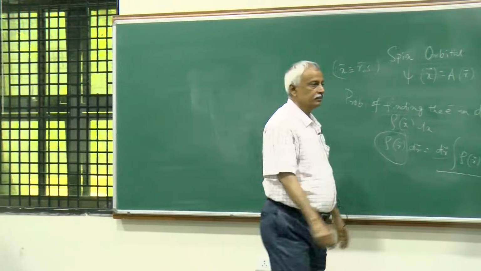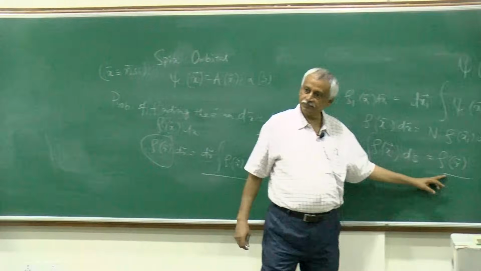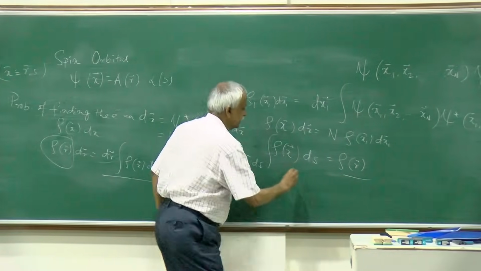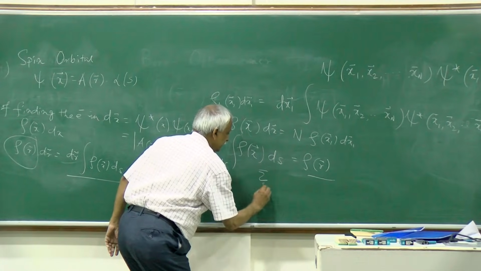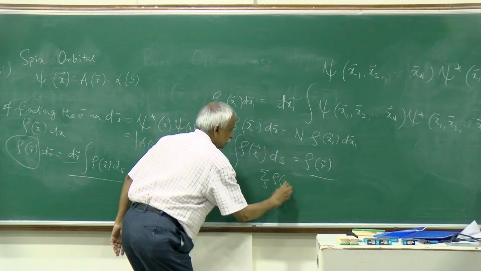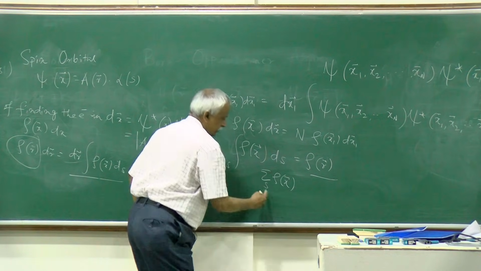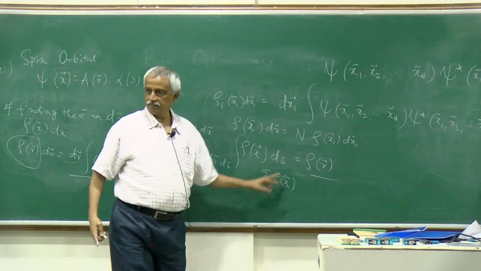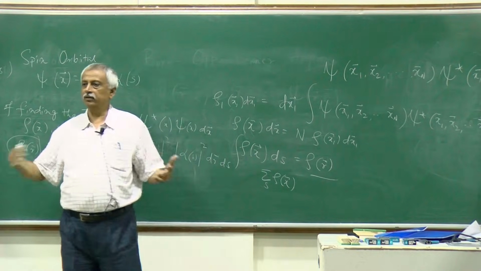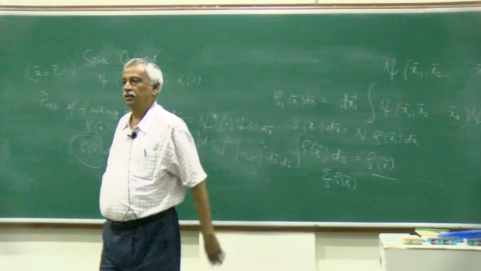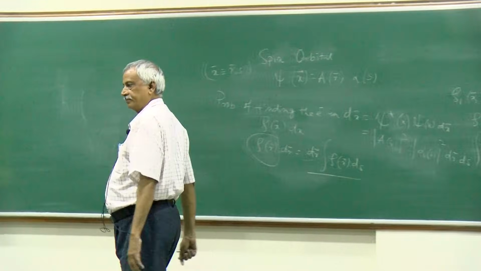That is given by this rho r. Okay, actually this is, as I told you, sum over S rho x. So this quantity is this one. Okay, it is not the integral because ds is not a continuous function.